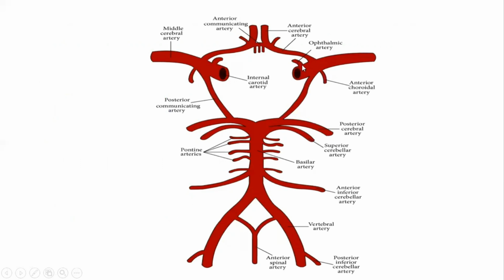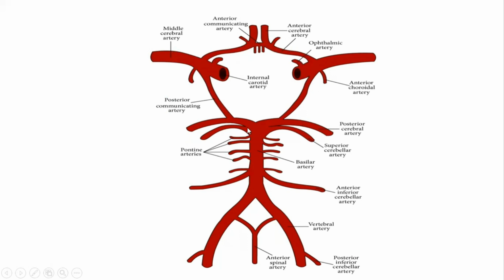Then we have the anterior choroidal artery right over here, then the posterior communicating artery, the anterior cerebral artery, and the middle cerebral artery. Middle cerebral, anterior cerebral, ophthalmic, anterior choroidal, posterior communicating arteries.